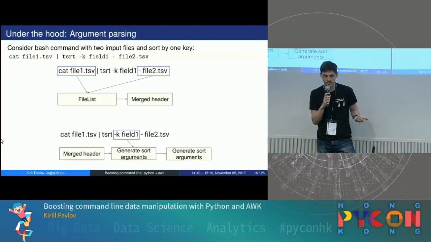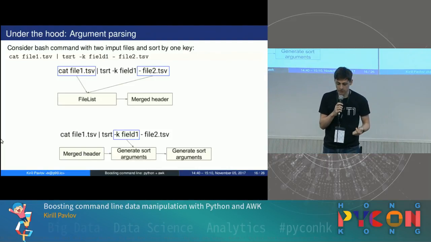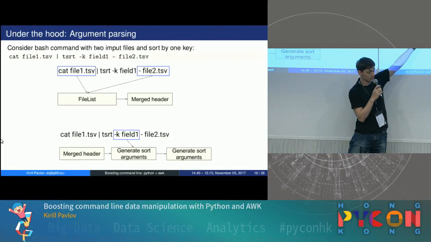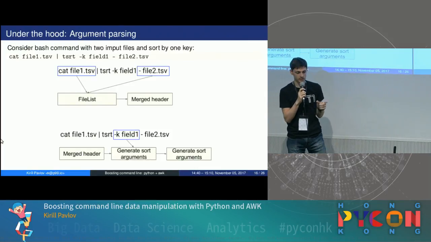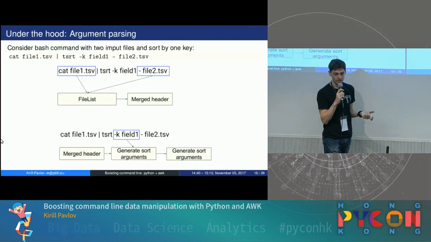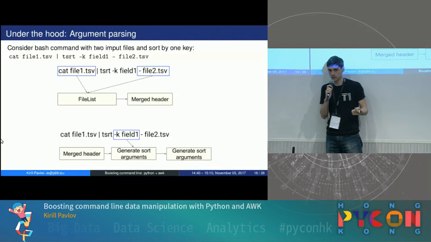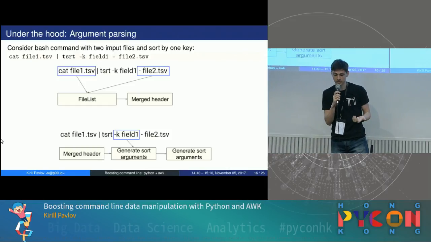You might have several thousand columns, and it would still work quite well. And essentially, based on those files, file list merges only the first line of those files and creates a header. Based on that header, it would substitute this field 1 with the actual 1, and execute sort, which is the command line sort, on that.